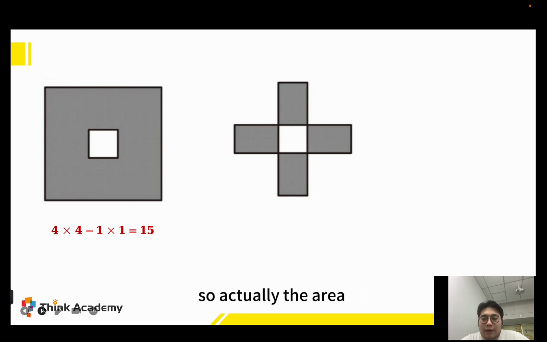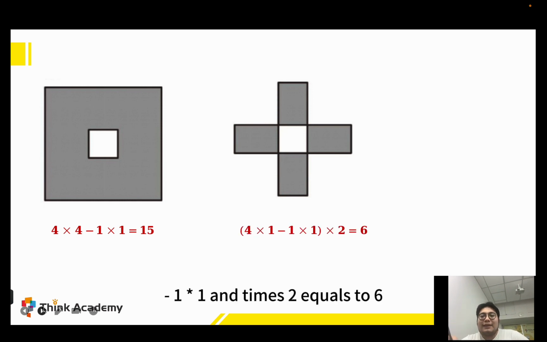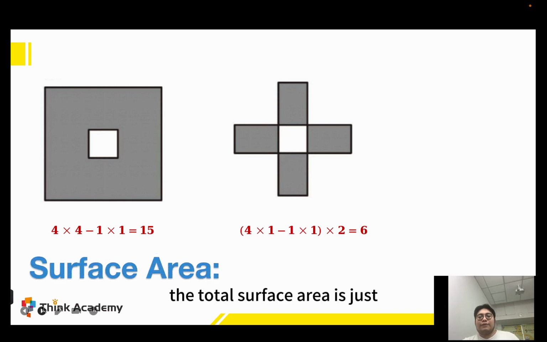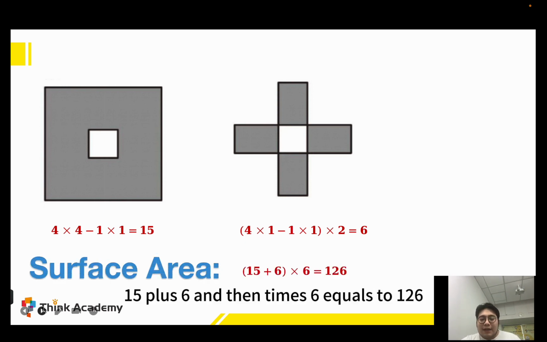So the area of this one is 4 times 1 minus 1 times 1, and times 2, equals 6. For one face, the total is 15 plus 6. And remember, we have 6 faces of a cube, so the total surface area is 15 plus 6, then times 6, equals 126.